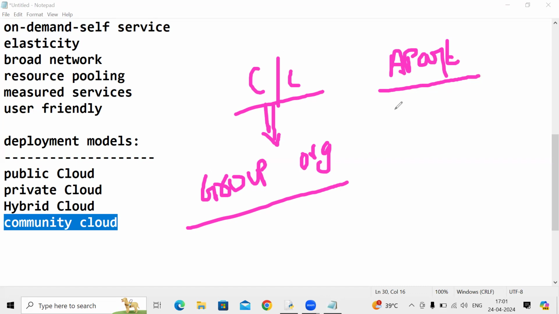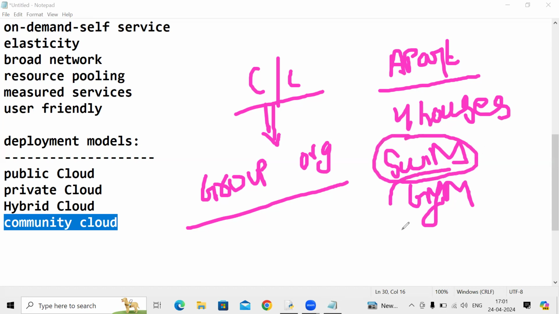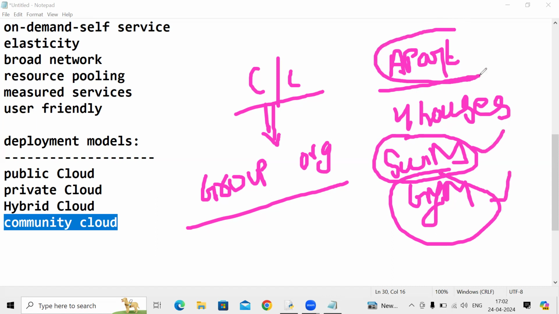In the apartment we have four houses, and each house contains four families. In that apartment, we have one swimming pool and one gym. Those who belong to this apartment can use this swimming pool and gym.